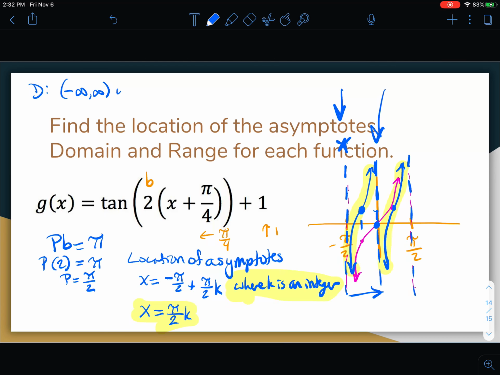The domain, again, is all reals where it's not undefined. So where x is not equal to the vertical asymptotes, pi over 2 k, where k is an integer. And then we have our boring range again, which is all real numbers.